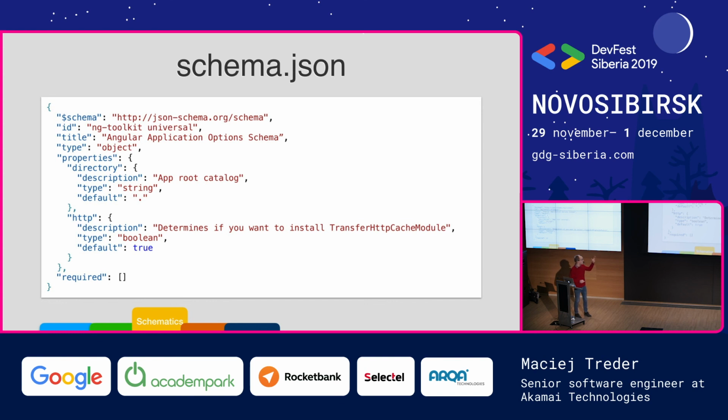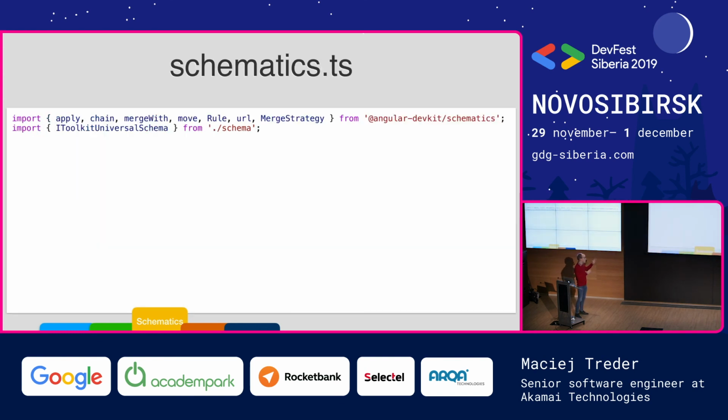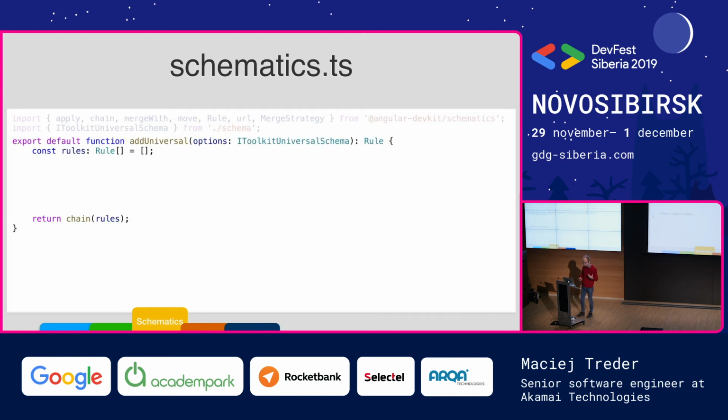So to let you know where those come from, you saw the schema.json. So I have the schematics.ts. The first thing which I'm going to do here is to import some helper functions and objects from the Angular devkit schematics, of course Rule and chain, because I'm going to create a bunch of rules.